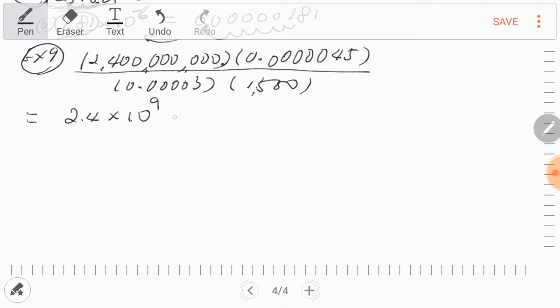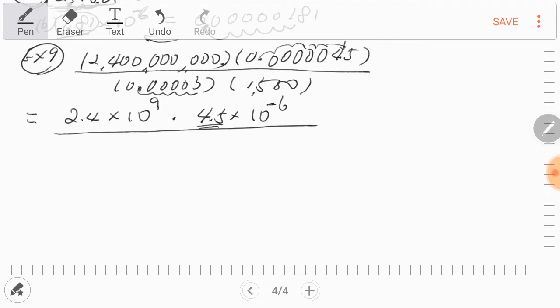Then multiply by 4.5 times, okay, move this one. 1, 2, 3, 4, 5, 6. So 10 to the negative 6th power because we want to make this number smaller, so the exponent is negative. Over. Okay, in the denominator, move this one. 1, 2, 3, 4, 5.